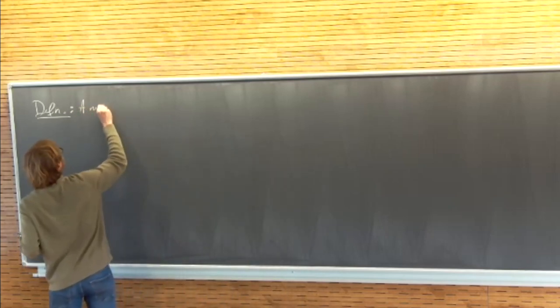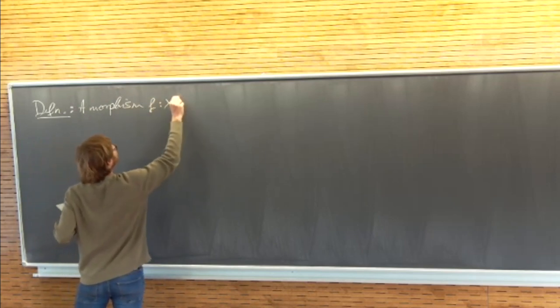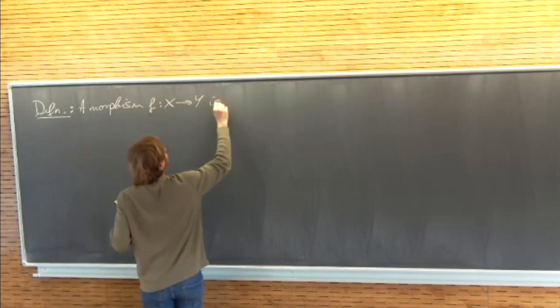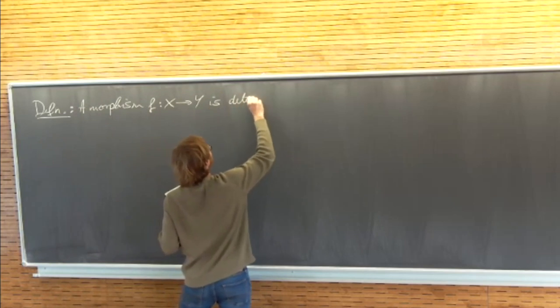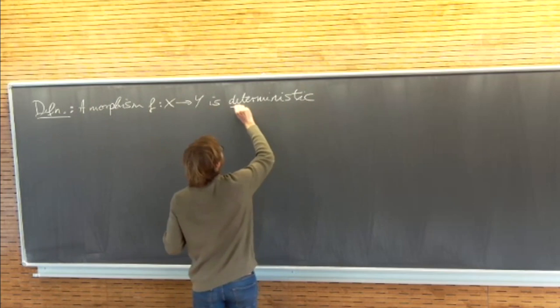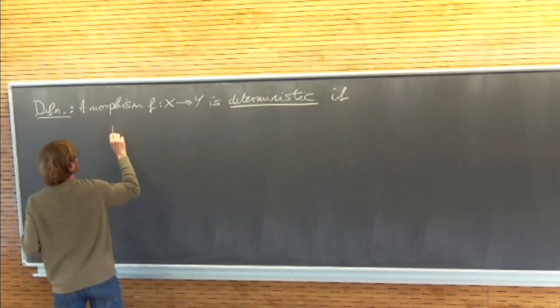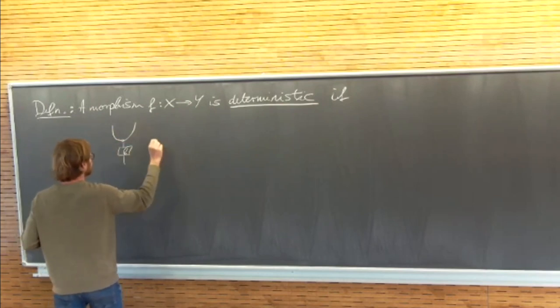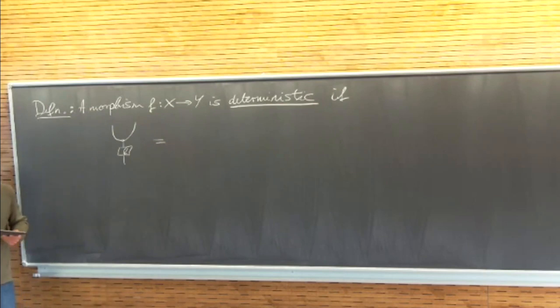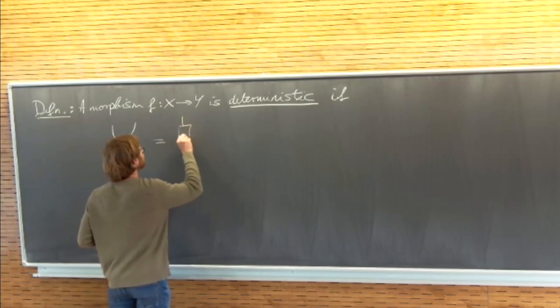Okay, so a morphism of X to Y, we call it deterministic if it commutes with copying, essentially. Or as Paolo said, when you read it in the Heisenberg picture from top to bottom, if and only if it's a homomorphism with respect to the copy.